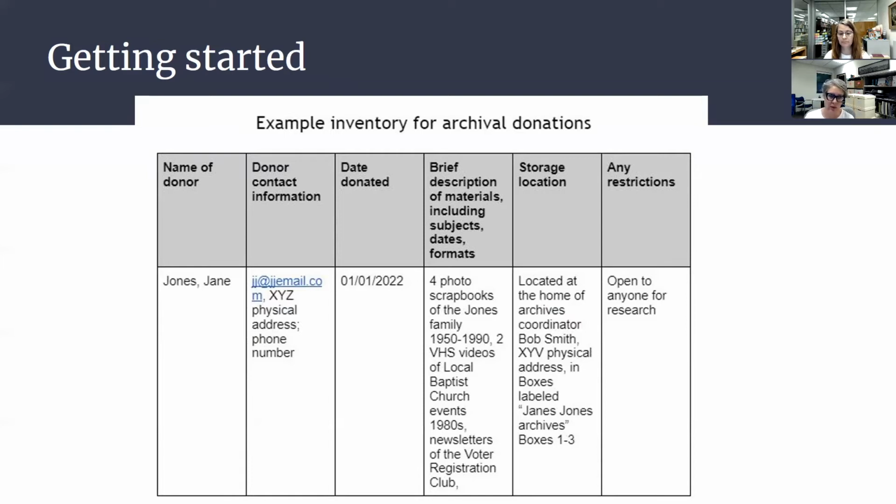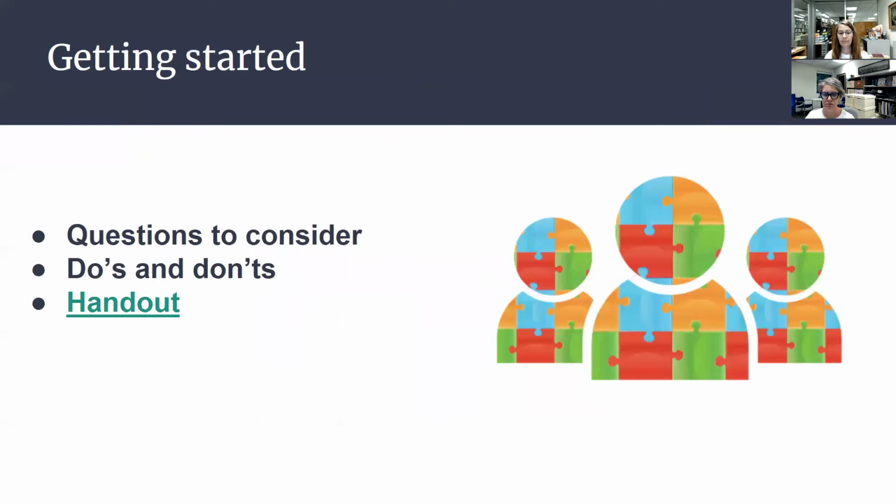So this includes who gave the material, the name of the donor, their contact information, when they gave it, what the materials are, where they're stored, and if there are any restrictions on access to them. And so we have this example in the handout that is linked in the description below.